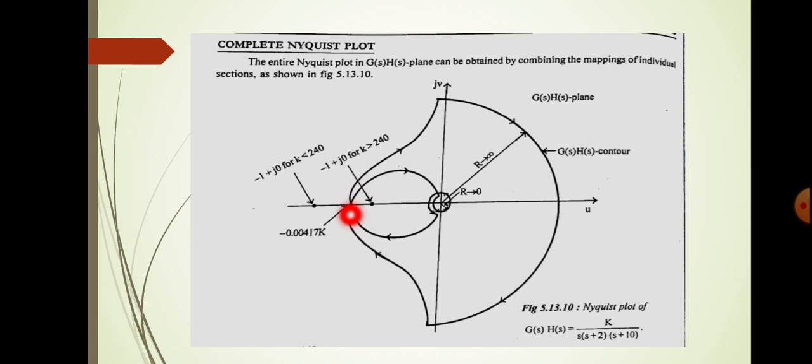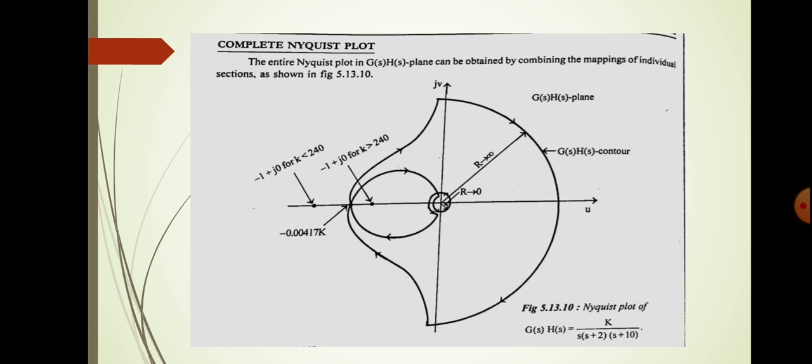Starting from this limiting point and going like this, up to here there is one clockwise encirclement. It will not stop here, it will continue in this direction, so the point is encircled by this Nyquist curve 2 times in the clockwise direction.